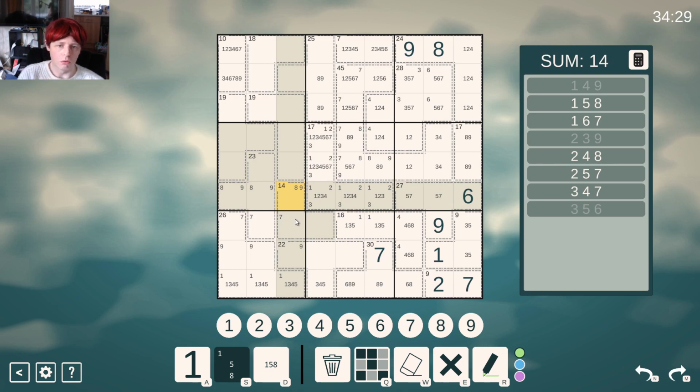Oh, it could be 4 and 2. Sorry, I missed that. 4 and 2 is okay. 8, 5, and 1 we can't have because of this there. We're using up the 1, 3, and the 5.